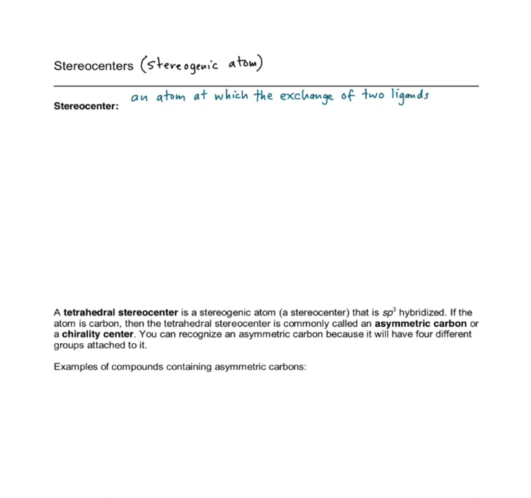So, an atom at which the exchange of two ligands results in a different stereoisomer. The term that might be unfamiliar to you, you may or may not have heard this in Gen Chem, is the term ligand. Ligand is a chemistry word that just means a group of atoms or an atom that's attached to some central point of interest, some central atom.